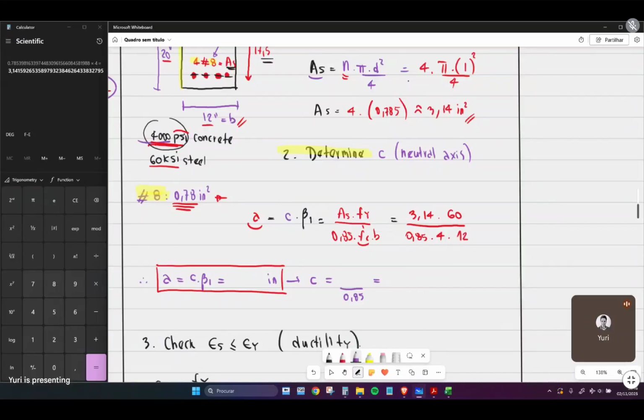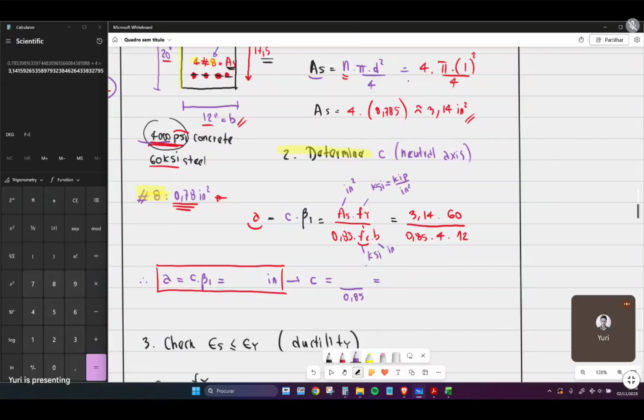Guys, it's important to always check the units. So the area is in square inches. The Fy, the steel strength, is in ksi. Ksi equals kip per square inch. Okay. f prime c is also in ksi. b is in inches.